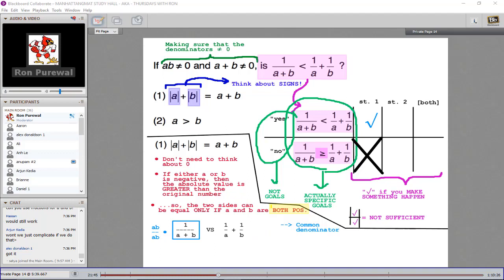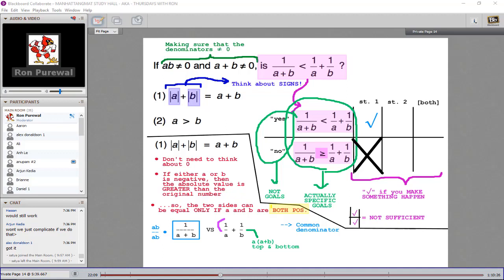We've got to multiply this one by a and a+b, and then we've got to do the other one by b(a+b). Let's see what happens if we do that.